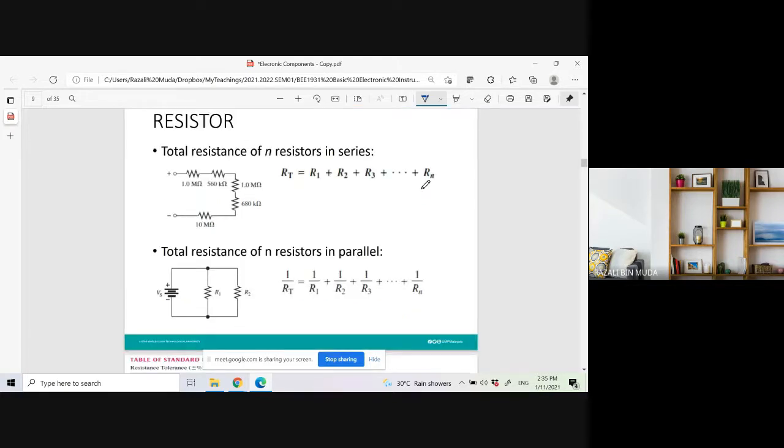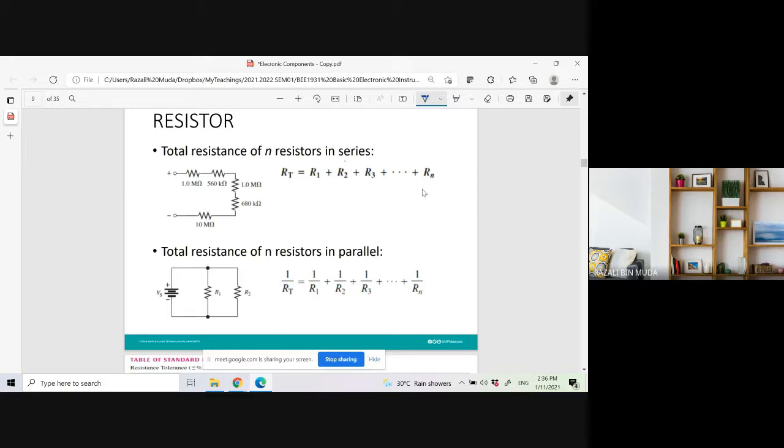Okay, next is we will see how we calculate in theory the value of resistance which connected in series and also in parallel, and also series and parallel combined. Okay, total resistance of n resistors connected in series. The easiest, the simple connection of resistor is in series.